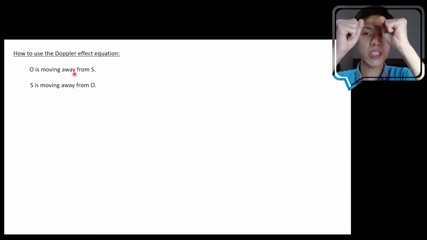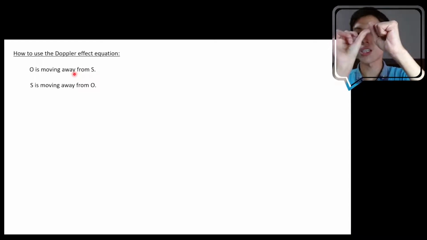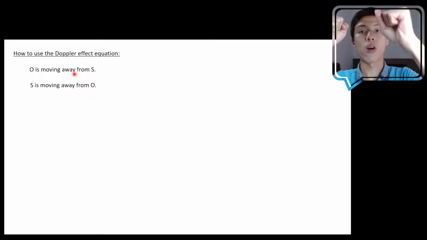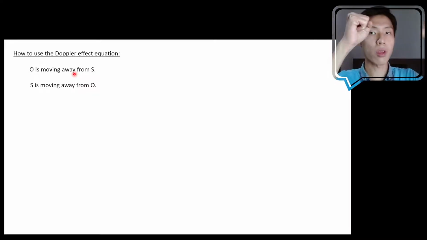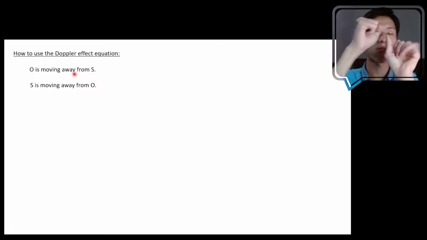Both of these scenarios share the same characteristics: if the observer is moving away from the sound source, the distance between the observer and the sound source increases, whereas if the sound source is moving away from the observer, the distance between the sound source and the observer increases as well.